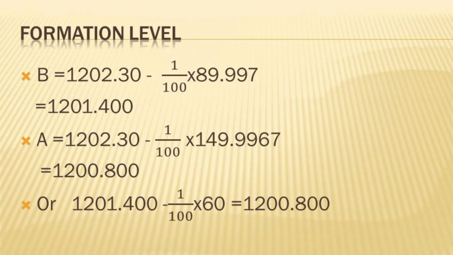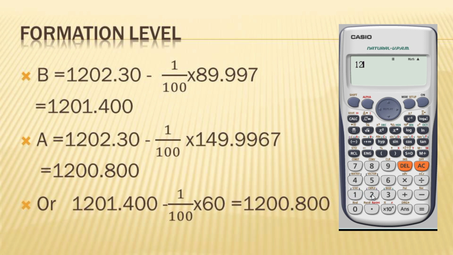For the formation level at A, I can use the data from B or use the data from C. Either way, I'll get the same answer. So let me start by using the data provided. Minus, I'm moving downwards, minus the gradient given to us, 1 over 100 multiplied by the distance from A to C. So my data there was gotten from C, and getting our final answer, 1200.8.